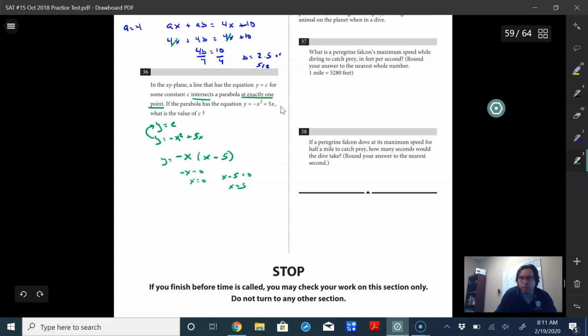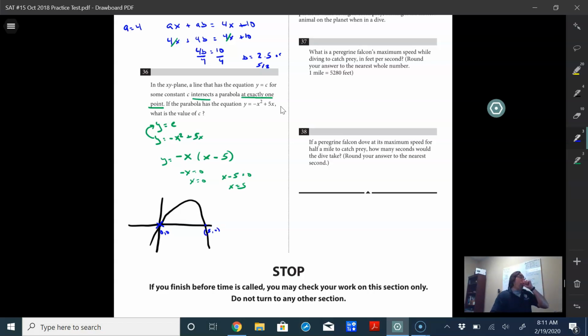If we were to chart this, there are two different ways you can do this. Say we now draw our parabola, because we know it's going to be an upside down parabola. We know the intercepts have to be at 0, 0 and at 5, 0.